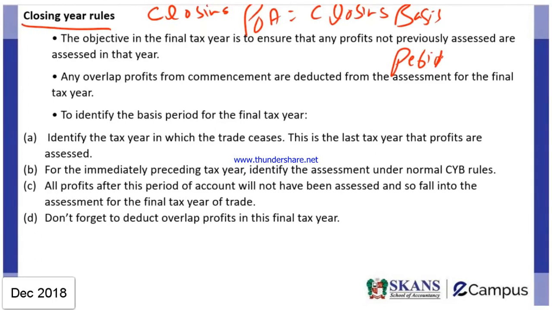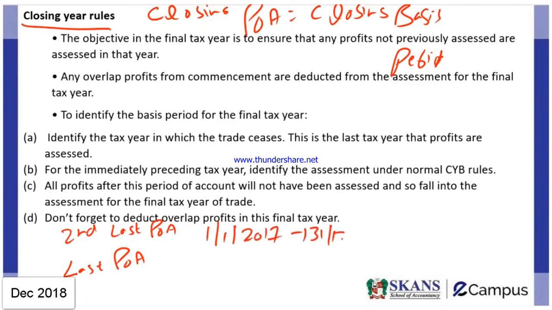So how are the profits in the closing year assessed? For example, this is the last period of account, and there is the second last period of account from January 2017 to December 2017.